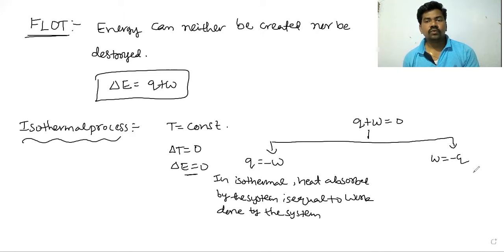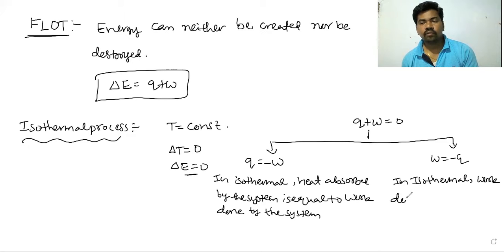Okay, clear? In an isothermal process, work done on the system is equal to heat released by the system.